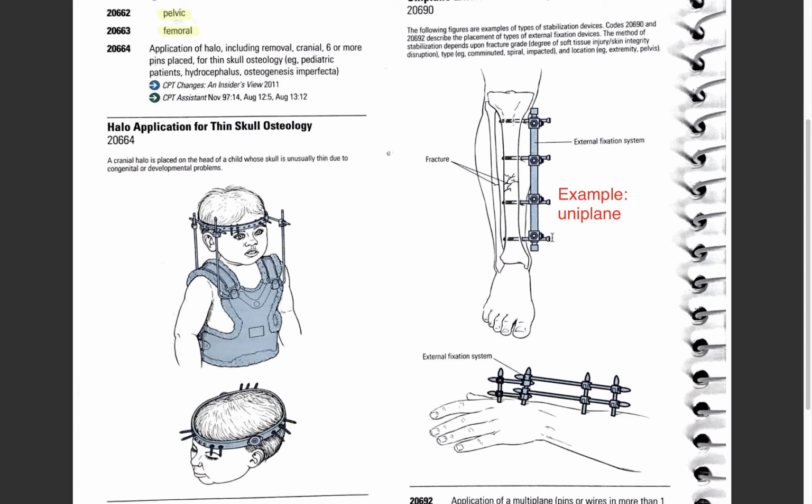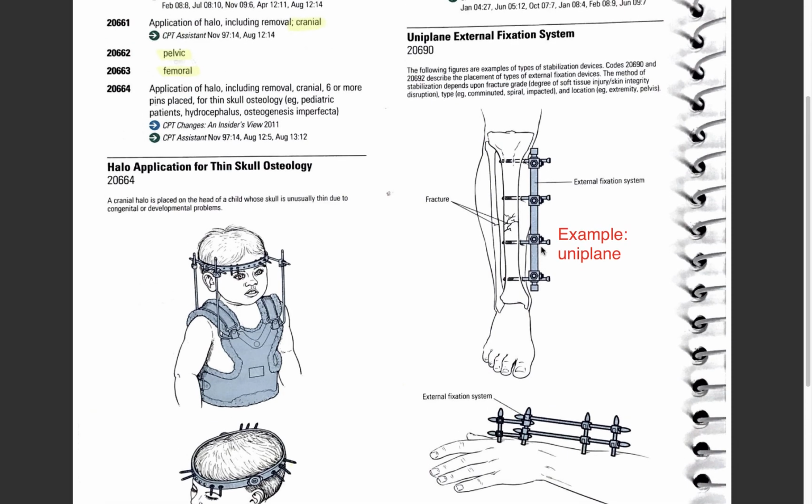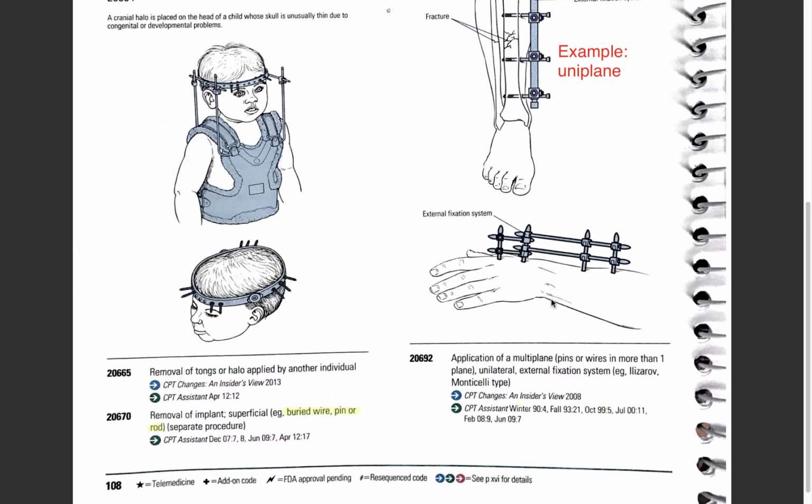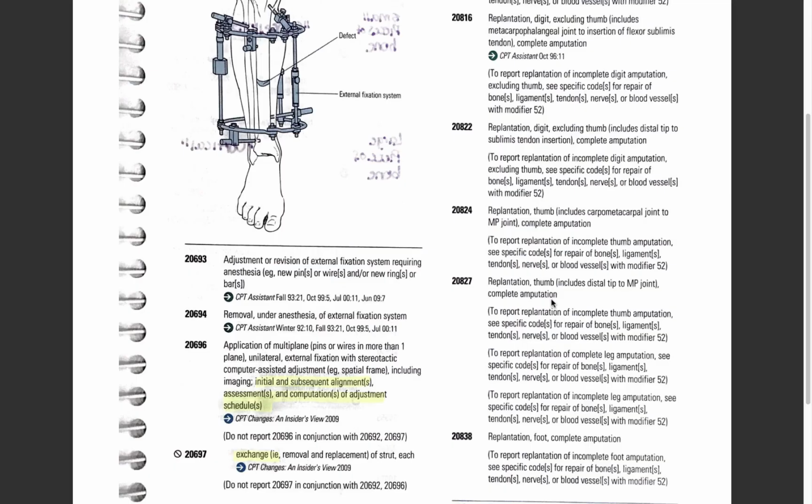Uni means one, so uniplane is when they're doing it on one side. Multiplane is when both sides are done. 20692 is the application of a multiplane unilateral external fixation system. Removal of the external fixation system is coded with 20694.